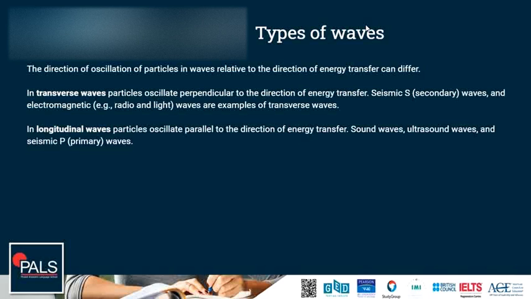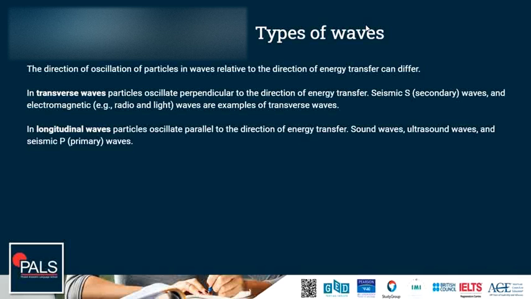Let's have a look at different types of waves. The direction of oscillation of the particles in waves relative to the direction of the wave or energy transfer can differ. In transverse waves, particles oscillate perpendicular, at 90-degree angles, to the direction of energy transfer.